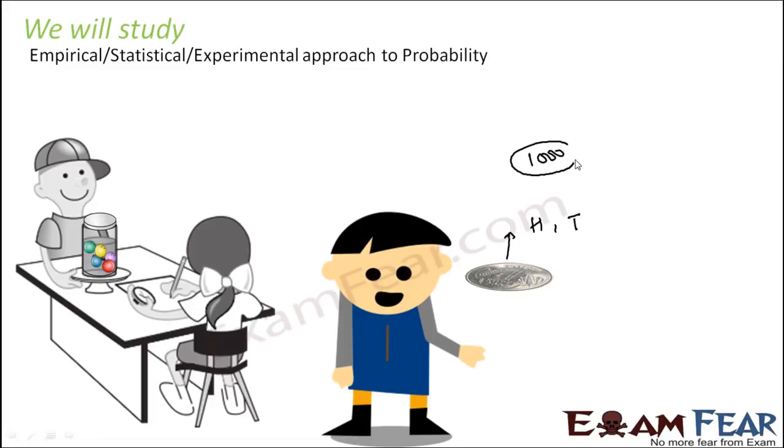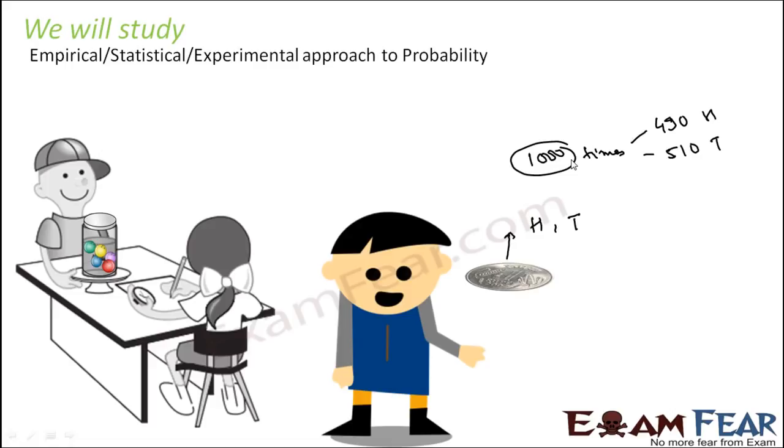In these 1,000 times, I may get, let's suppose, 490 heads and 510 tails. In that case, the probability of head is the total number of heads by the total number of observations. The probability of tail is 510 by the total number of observations.